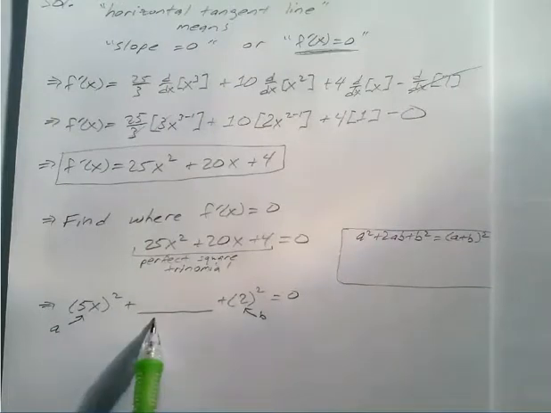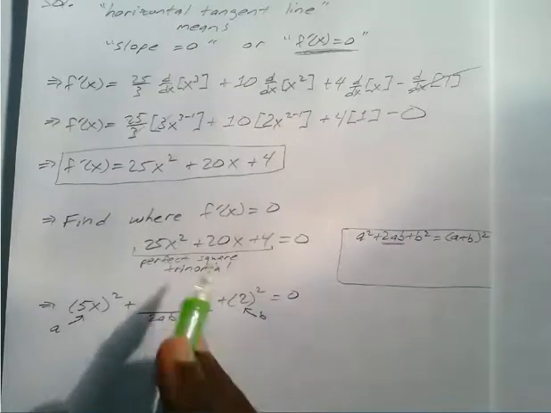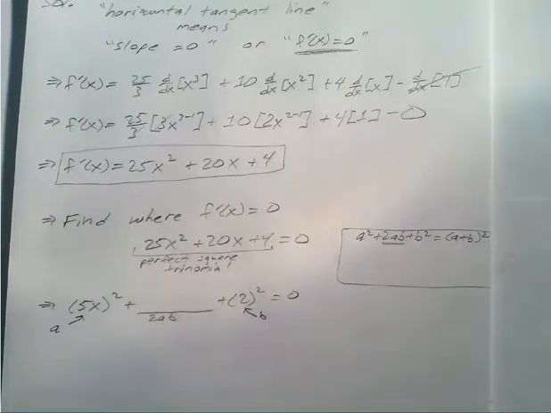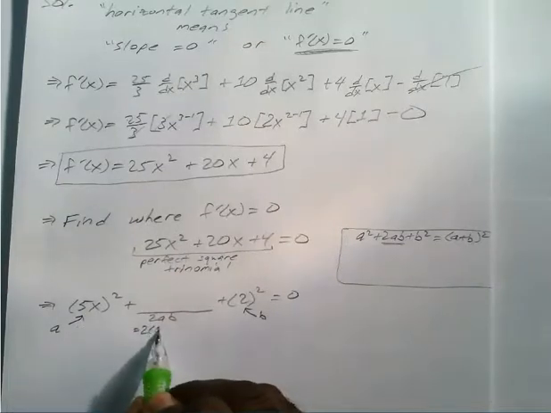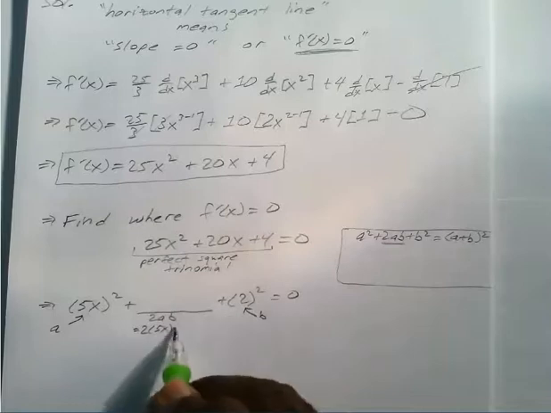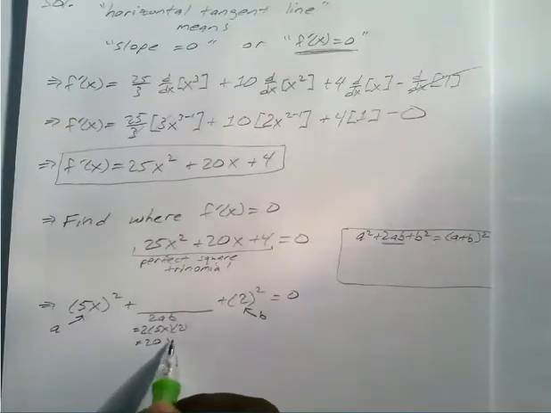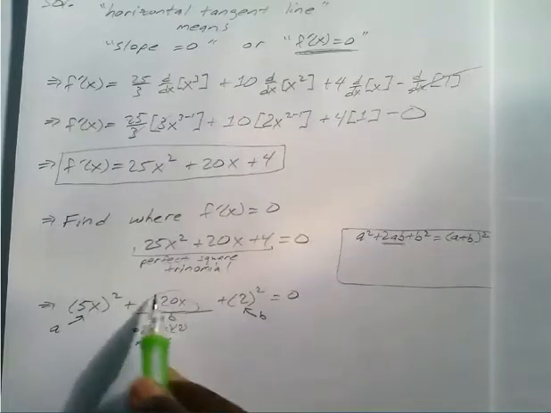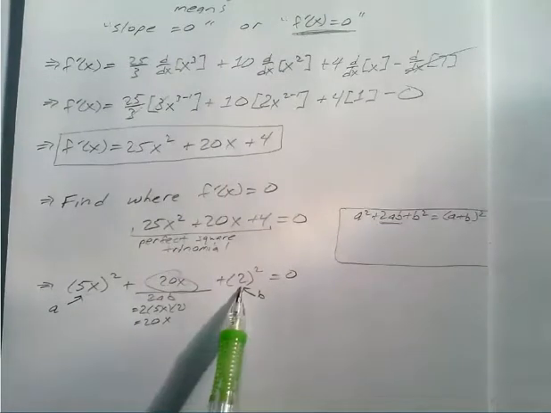So that means if this middle term, 2 times a times b, is equal to 20x, you can just plug it right in there. Okay, so that's going to equal 2 times a times b, which is 20x. So since this is 20x, you can just plug it into a plus b squared, so 5x plus 2 squared.